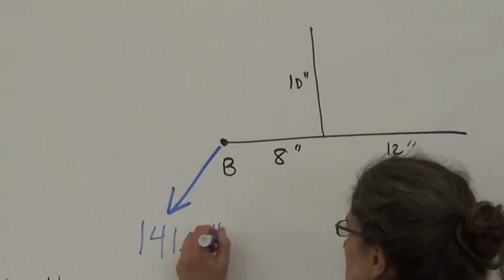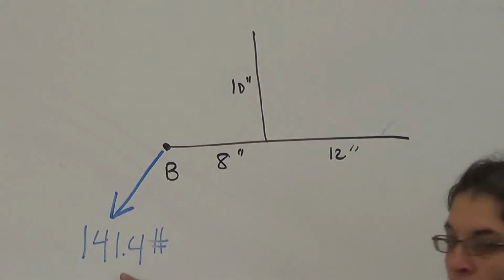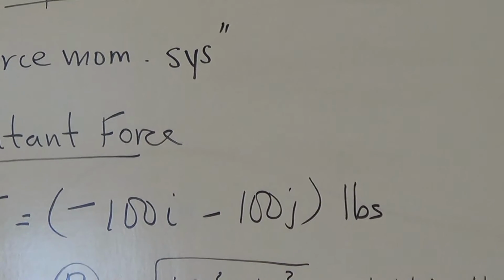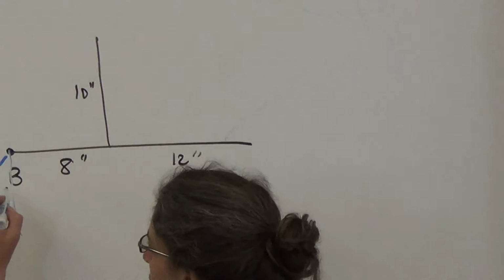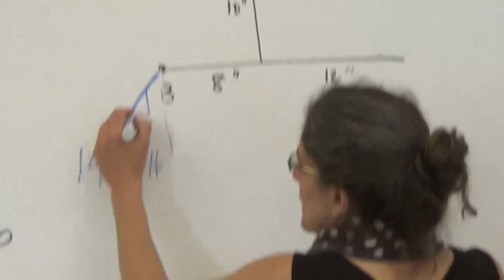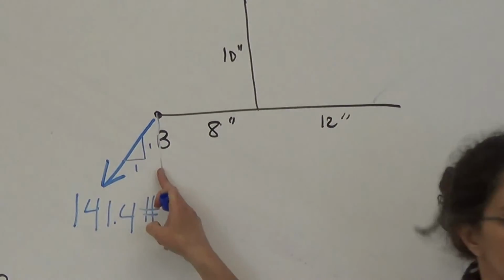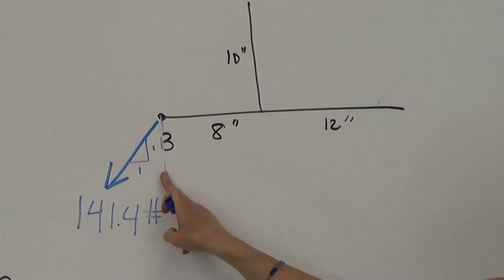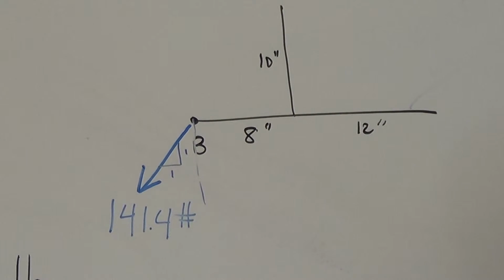Does everybody agree that this resultant force is going down? It has a negative x component and a negative y. And I need to have an angle here or something, right? So what could I do? I could say 1, 1, right? Or I could have put 45 degrees. Sam, I was going to ask if you needed to indicate an angle.